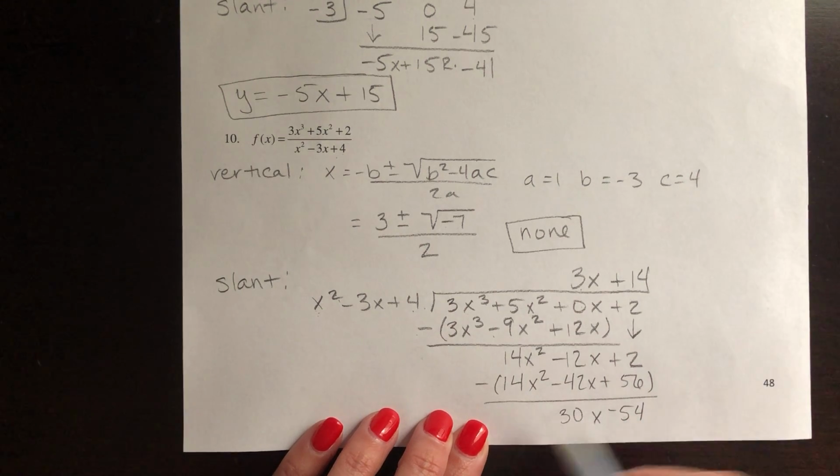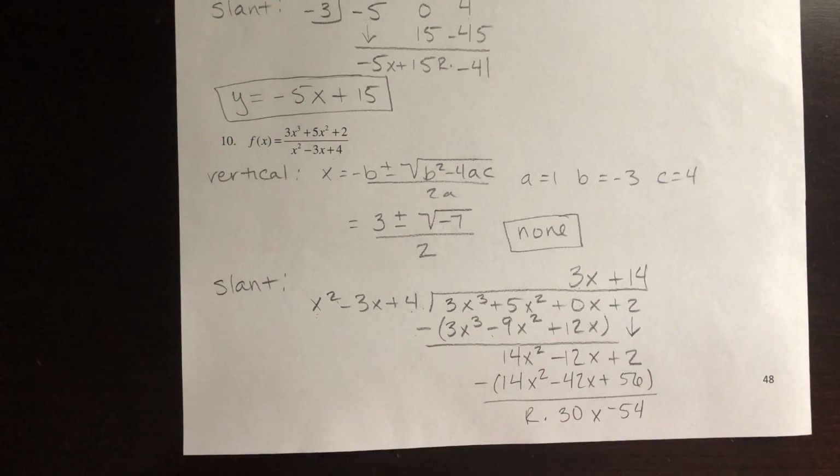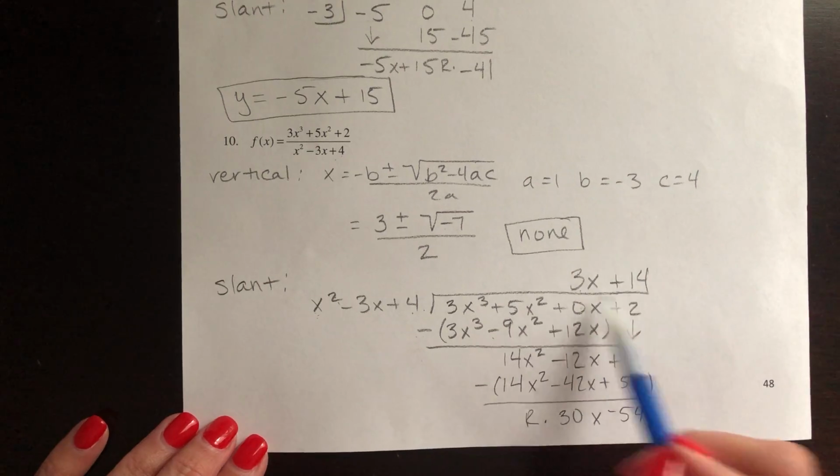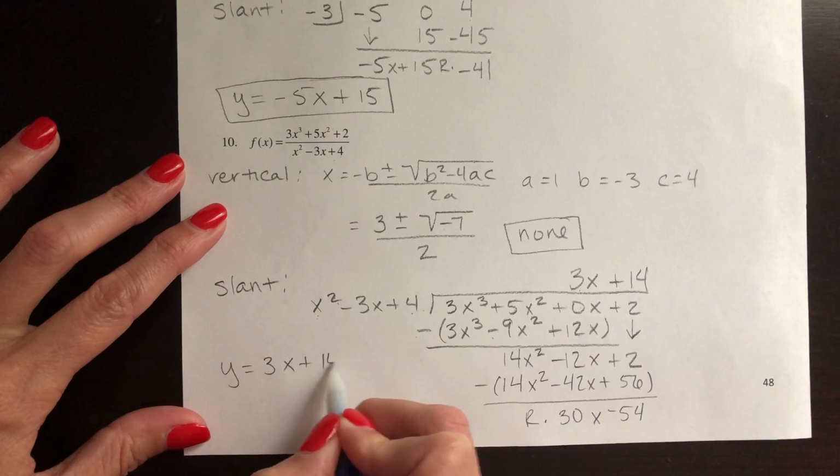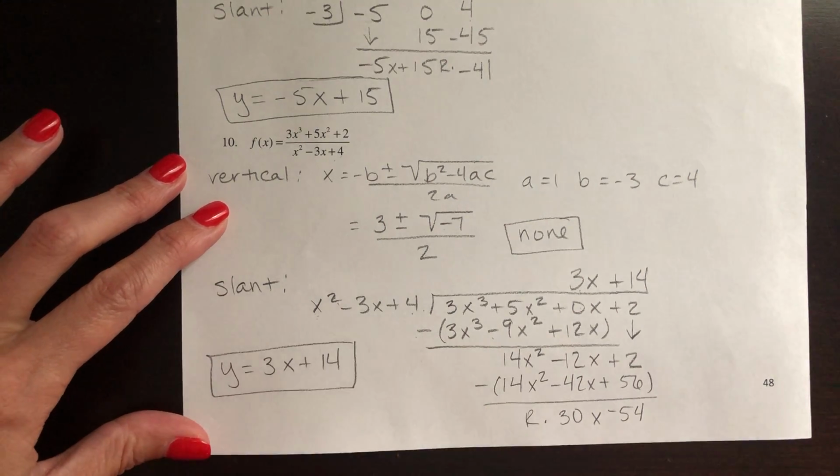And then this would be the remainder here. But remember, we're not concerned about the remainder, only the quotient there. So y equals 3x plus 14 is my slant asymptote.